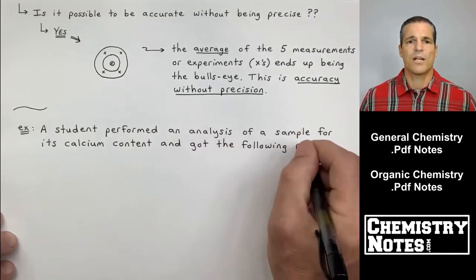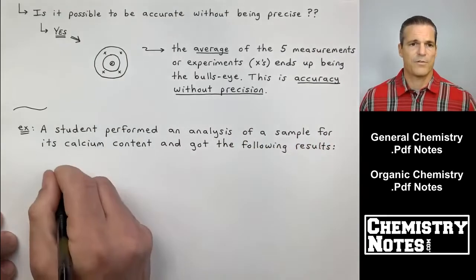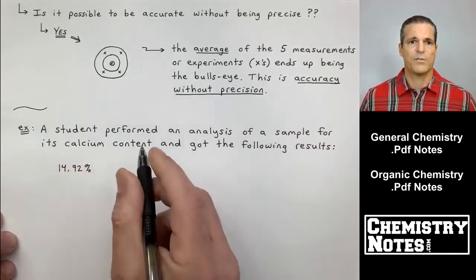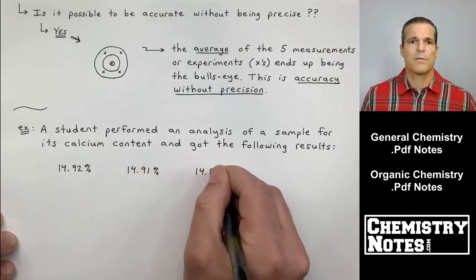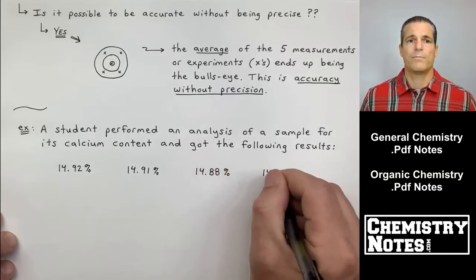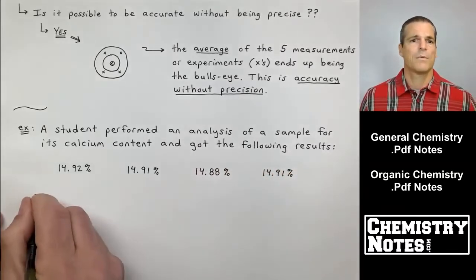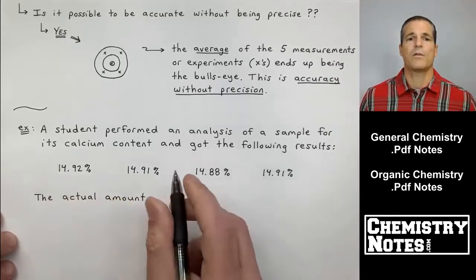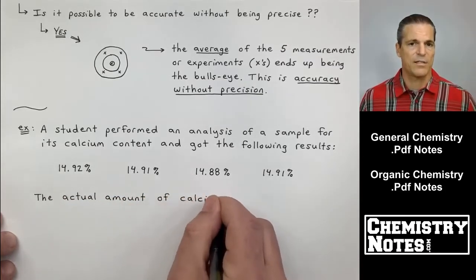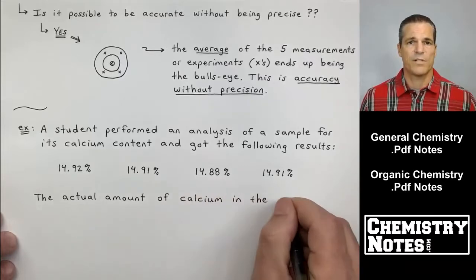The student got the following results. There are 4 results, which means the student did the experiment 4 different times. The results were 14.92% calcium, 14.91% calcium the second time around, third trial 14.88% calcium, and then 14.91% calcium.